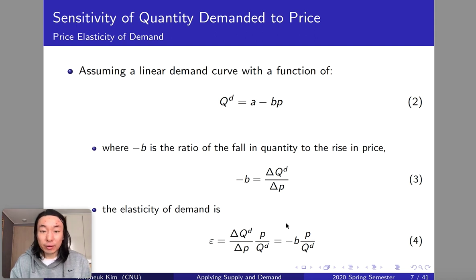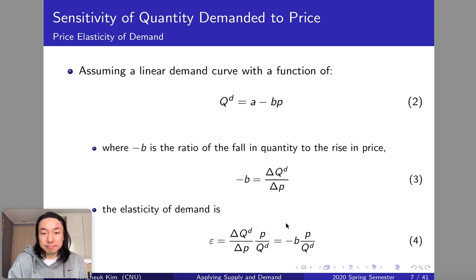So this is another further practice. So now we assume that the demand curve is linear. Linear means there are no polynomial terms. Okay. So quantity demanded is defined by a constant number A minus the parameter B times the price of that good. Equation 2 is a really simple version of the demand curve.